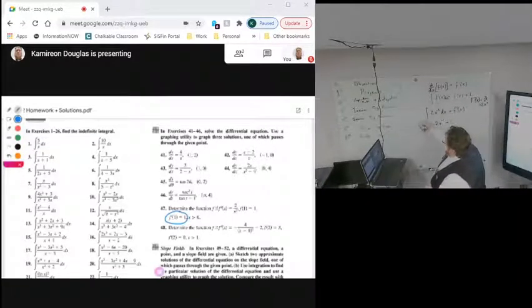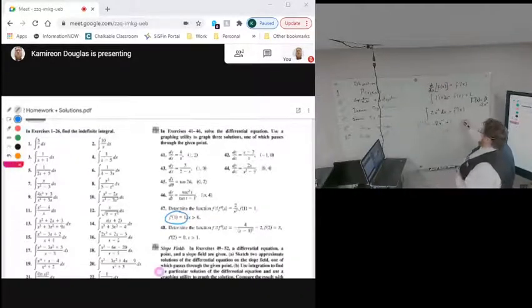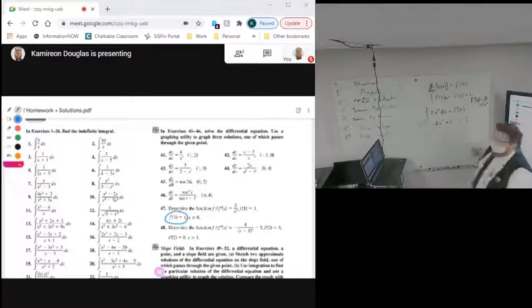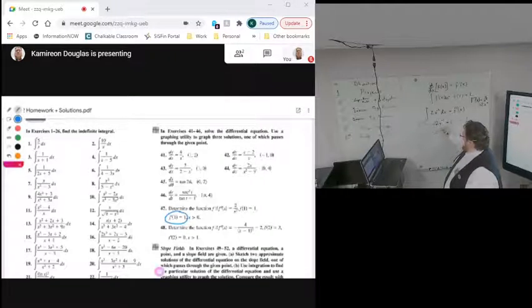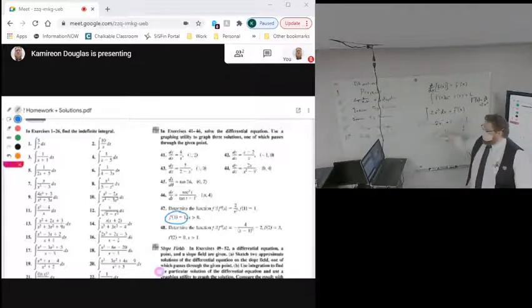I know f prime of 1 is 1. So I'm going to take 1, plug it into this function, and see if the result equals 1. I'll plug it in. Negative 2 times 1 to the negative first power plus c equals 1. Now, 1 to the negative first power, as a reminder, just means it flips to the denominator.